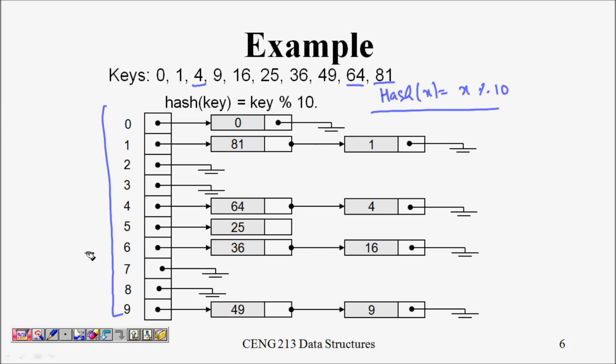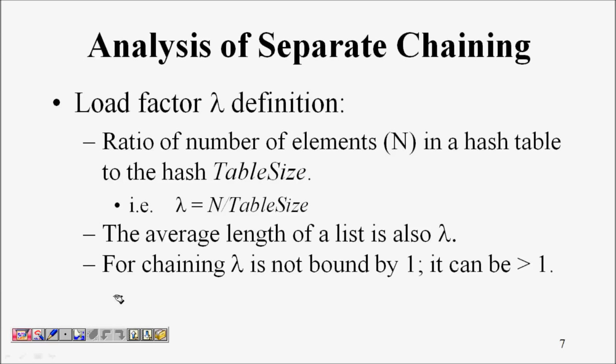Now you can handle collisions, but we have linked lists in each of those cells. So how do we analyze this? Again, as we said, this is the load factor, the ratio of the number of elements n in the hash table divided by the table size. So the average length of the list we can expect to be lambda.